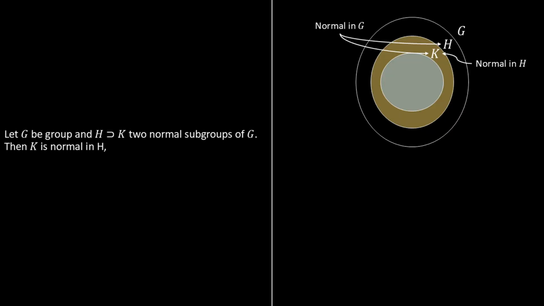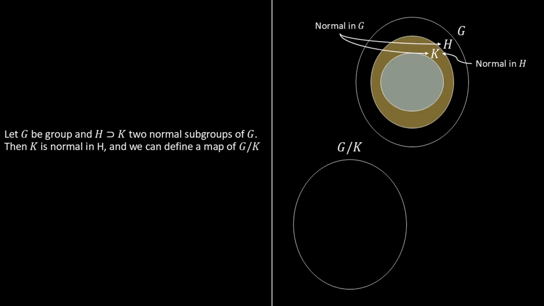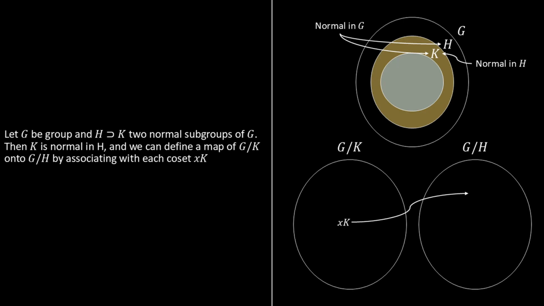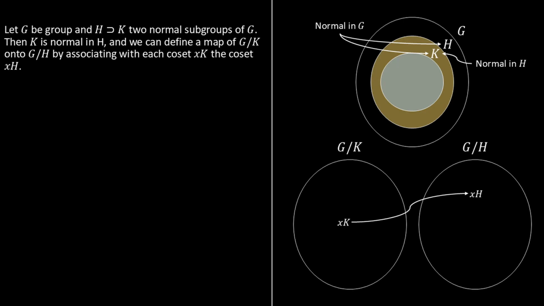The next claim is that we can define a map of G mod K onto G mod H by associating with each coset xK the coset xH. First, I would like to check whether this map psi of G mod K to G mod H, where psi of xK equals xH, is well defined.